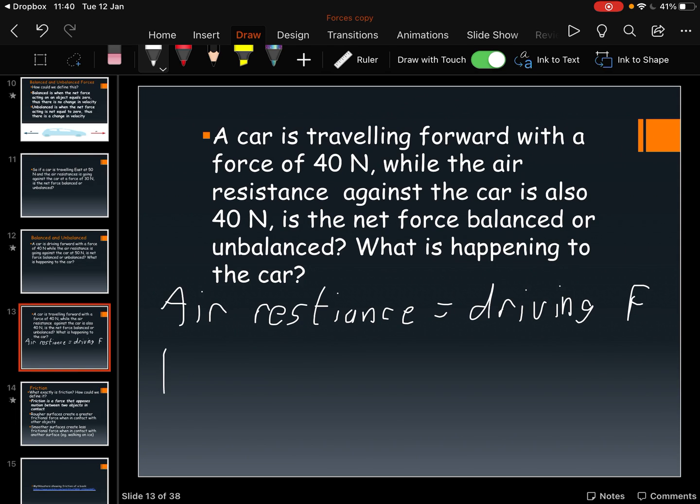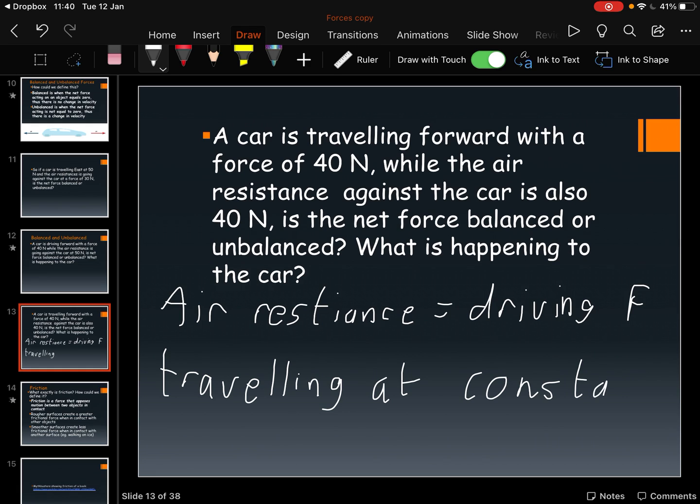So what's happening to the car? It is traveling at constant speed. In other words, it's not speeding up, it's not slowing down. Okay, so it's not getting faster, it's not getting slower, it's staying at the same speed the whole way. Okay, so if the resistance is equal to the driving force, then you're traveling at the same speed.